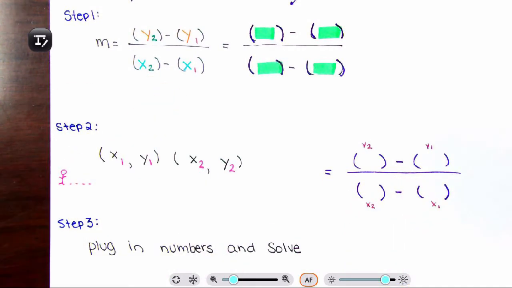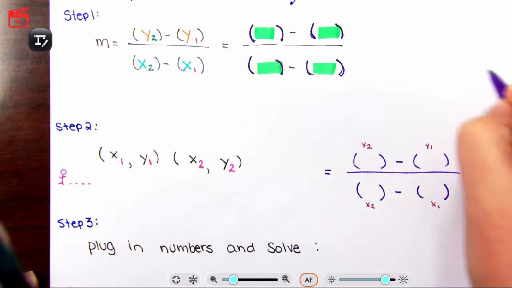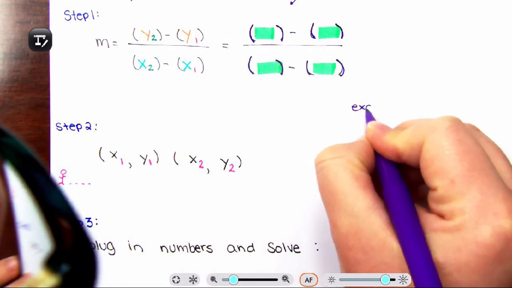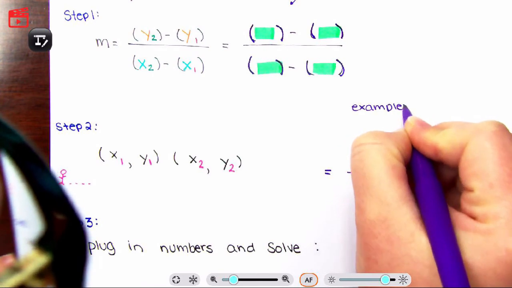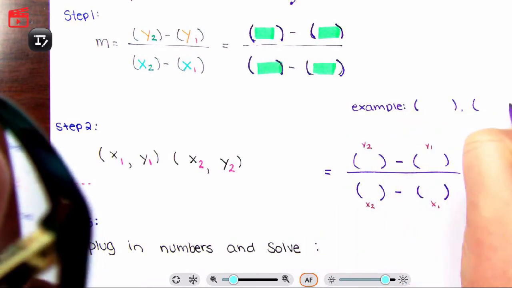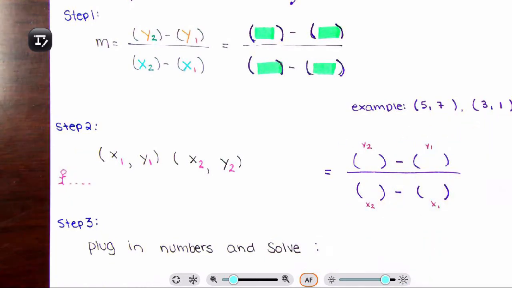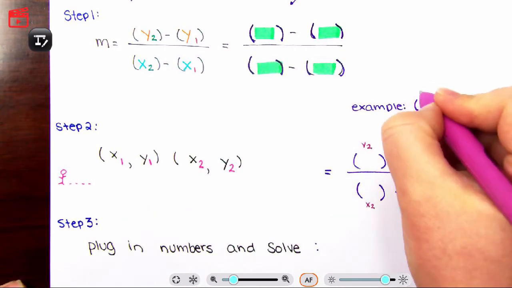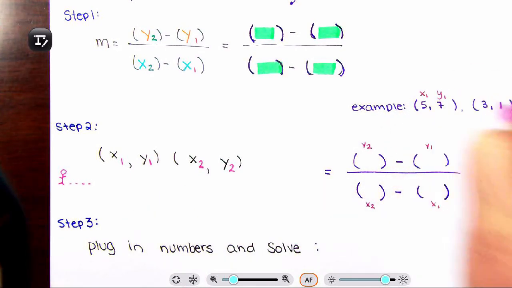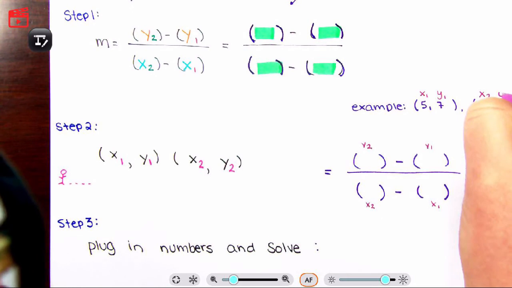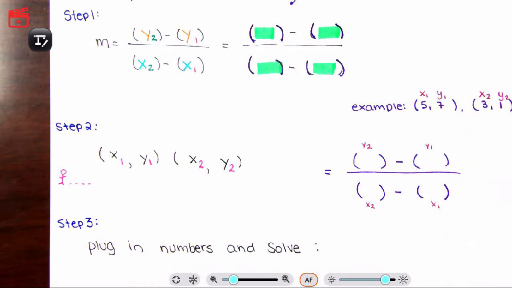So for example, if I had two points, let's do 5 and 7, 3 and 1. You're going to label your points. Here's my first x, my first reason why. Here's my second x, my second reason why I am no longer with them.